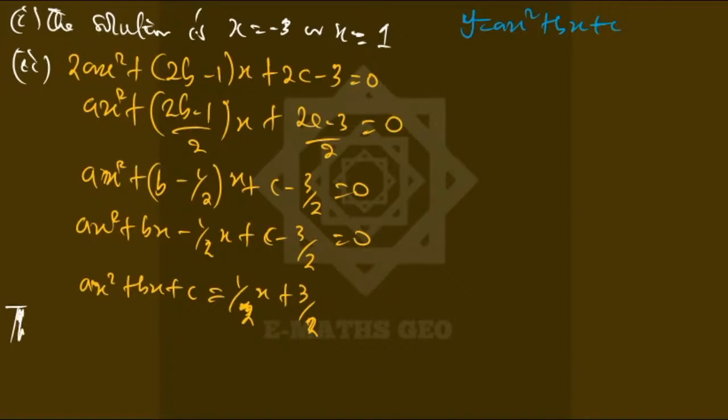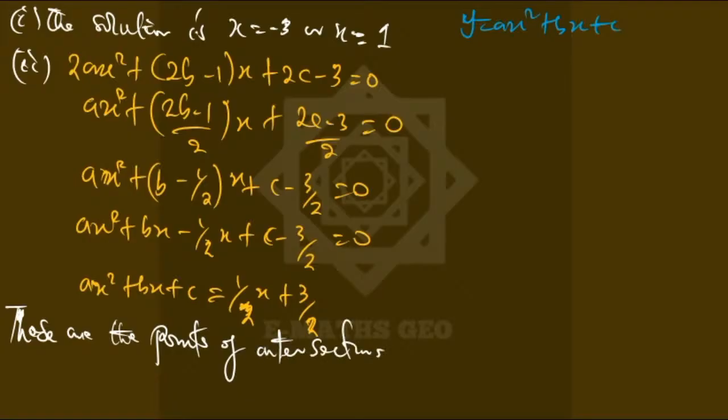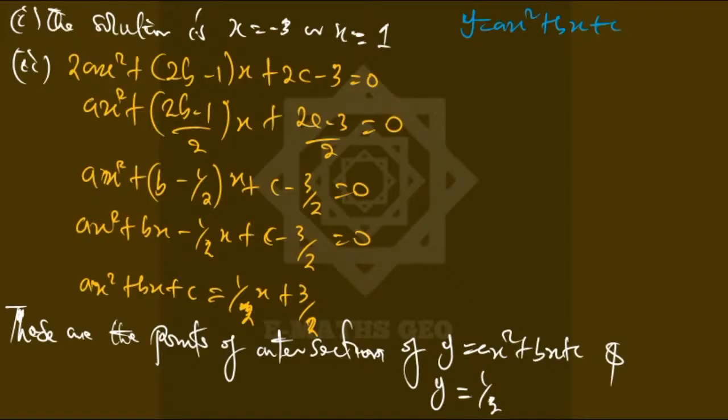We have these, or it might be more than one. These are the points of intersection of y, the original curve, and another curve which is y equals 1/2 x plus 3/2.